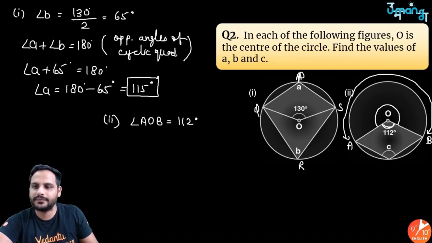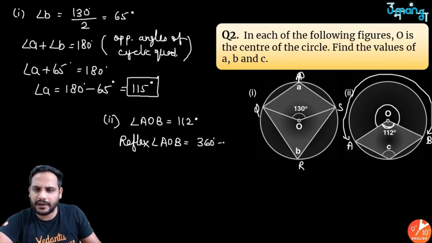What will be this angle? This is the reflex of angle AOB. So I can say the reflex of angle AOB will be equal to 360 degrees minus 112, obviously. So it will be equal to what? 360 minus 112 will be equal to 248 degrees.